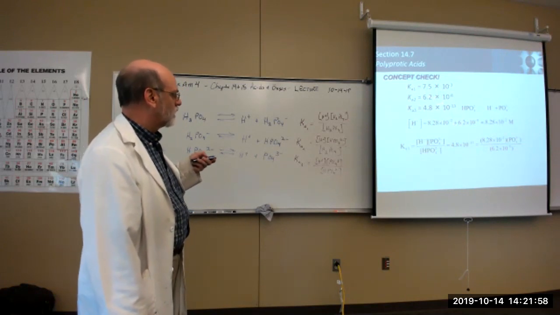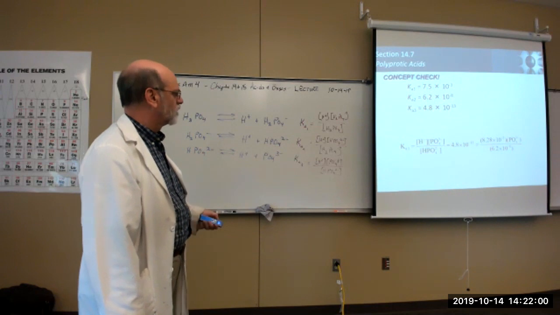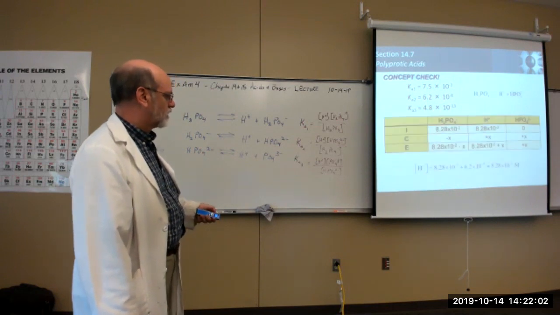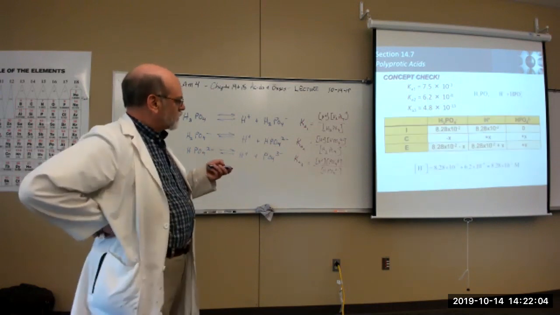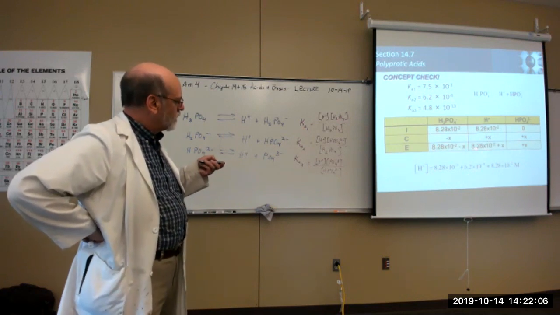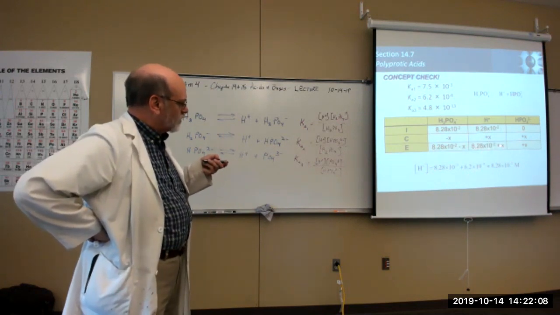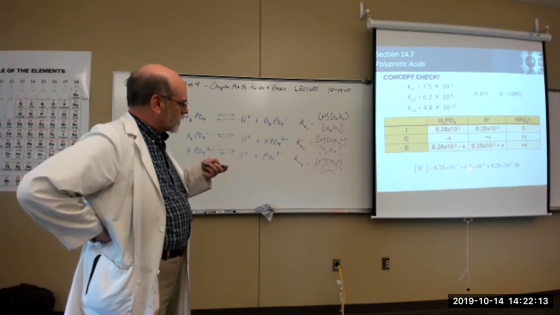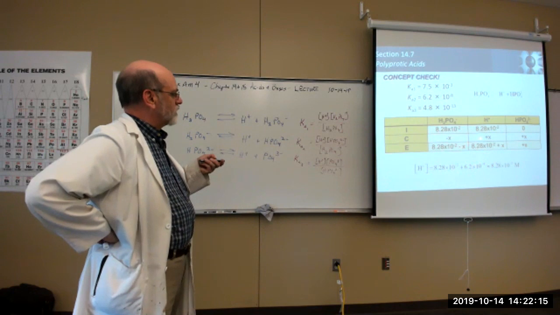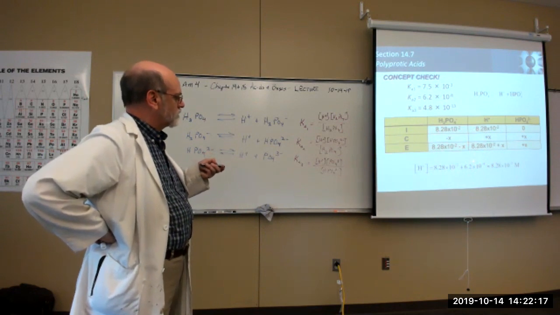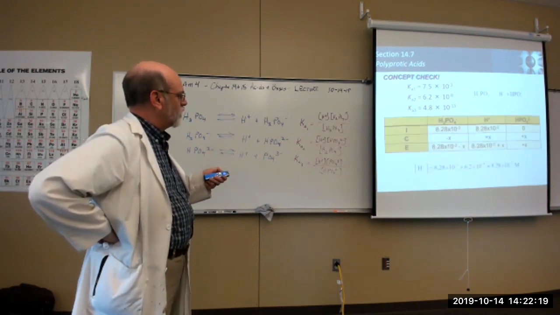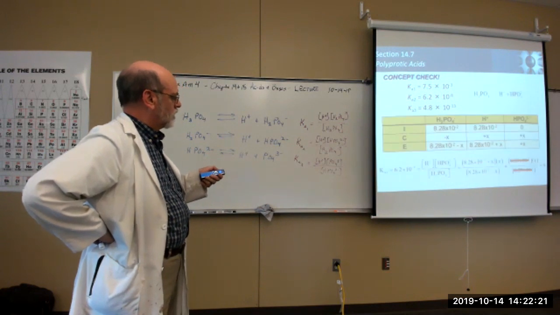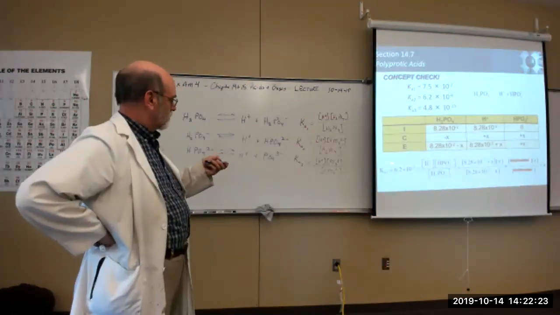Here we go. How did I get that value? Oh, okay. So the hydrogen ion concentrations now are going to be this one plus that X. So this one plus that X value. Where's our X value? What's the X value? 6.2. I must have had to go backwards more. Here we go.